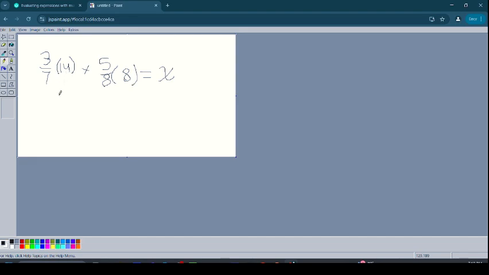if we simplify this, 3 times 14 is 140, or is 42, my bad, 42 over 7. So 42 over 7, right? And we would have plus that answer, and we're going to simplify that, right?